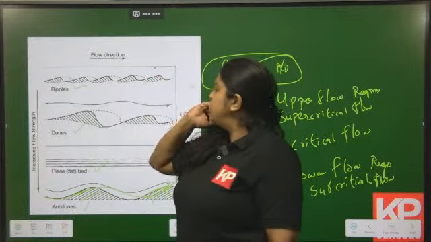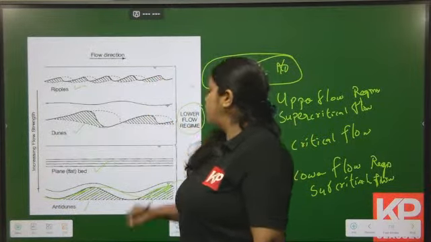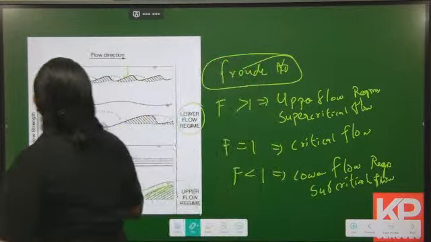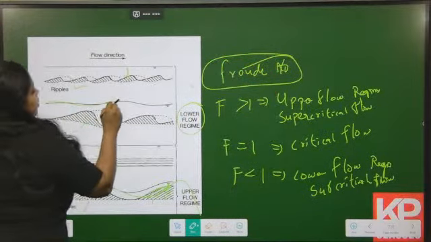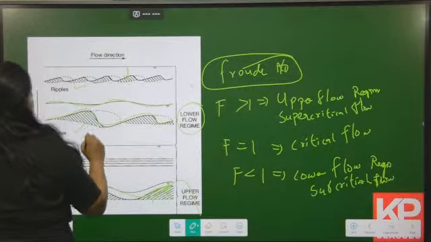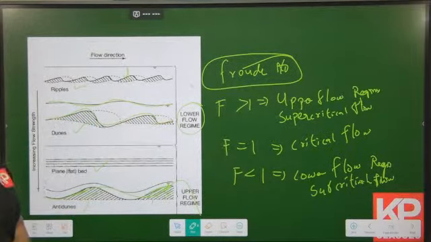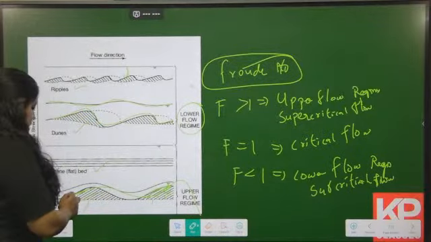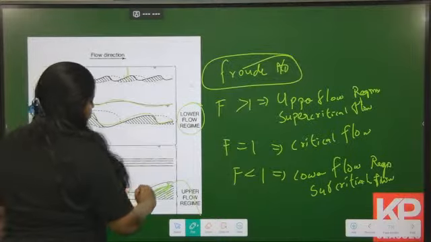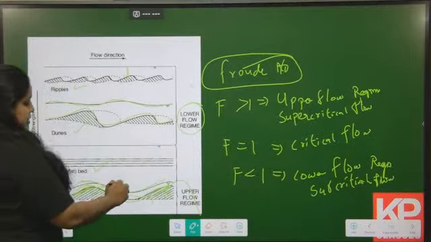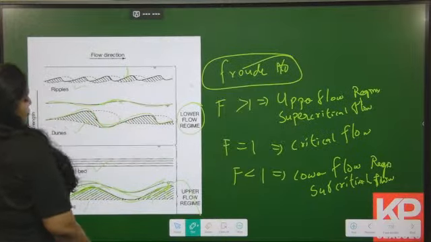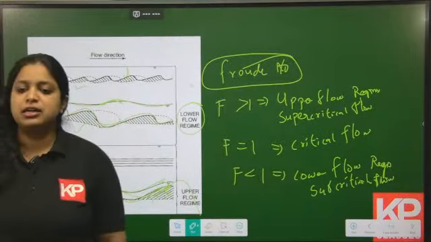Whereas ripples and dunes form in the lower flow regime, where the depth of water is much higher, and the water surface and the developing dunes are out of phase. Whereas in the case of antidunes, the water surface and the dunes are in phase. Crest meets crest, trough meets trough, whereas over here, this is the crest and this is the trough, an out of phase condition.